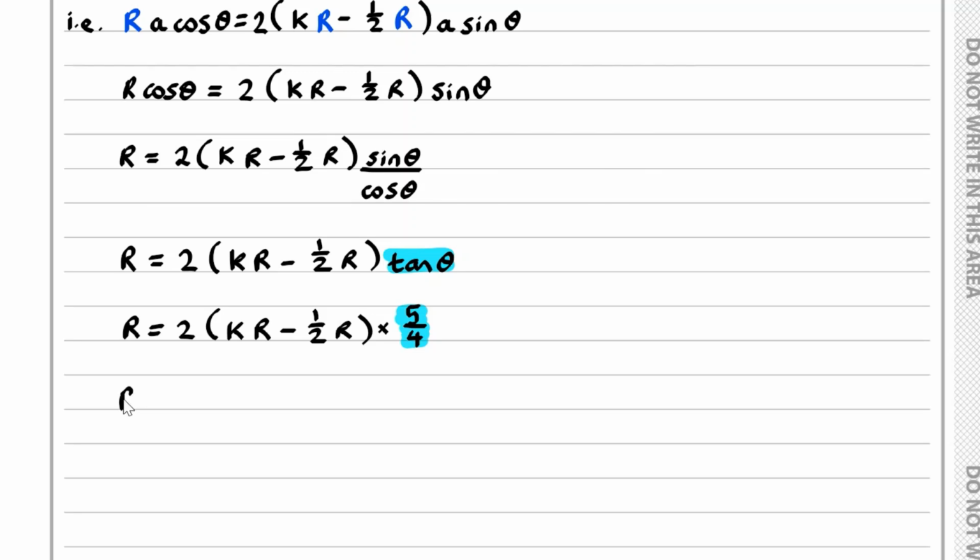Now, recognizing that 2 times 5/4 is 5/2, R is therefore equal to KR minus 1/2 R multiplied by 5/2. So R is equal to 5/2 KR minus 5/4 R.